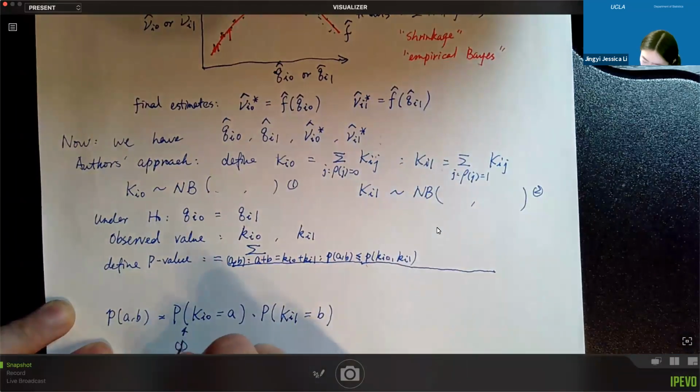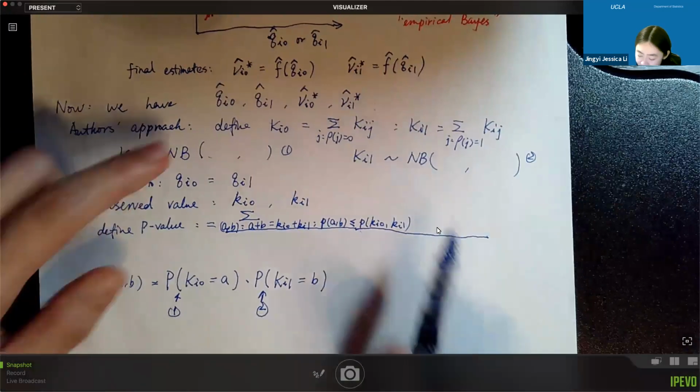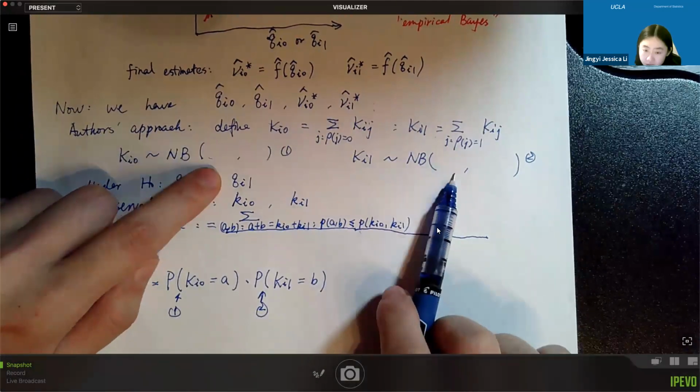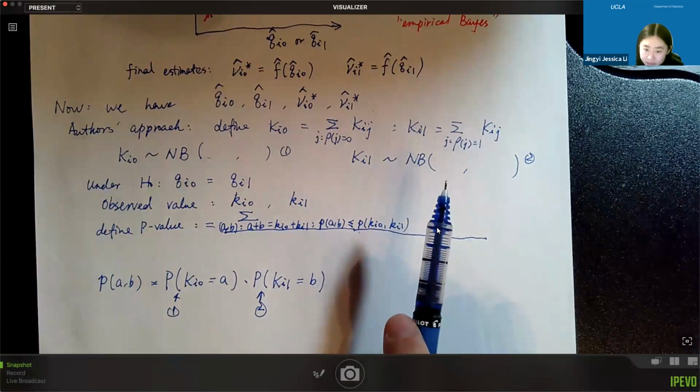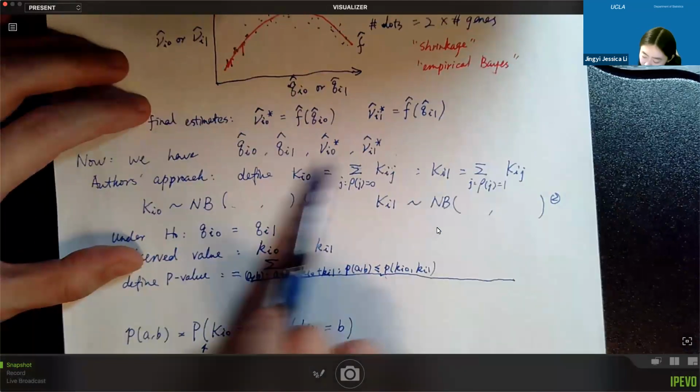This is based on distribution 1, and this is based on distribution 2, and these two rely on the previous parameter estimates they derived.